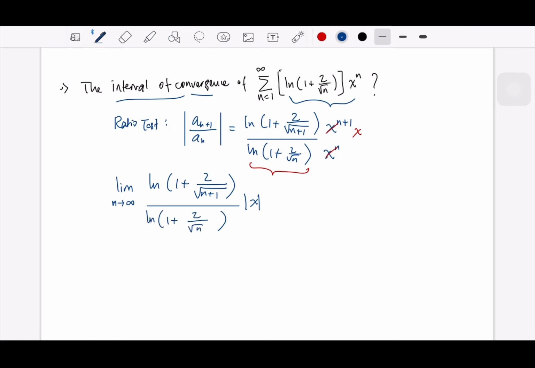Okay, now what we are going to do. If you check the limit, it turns out we have a 0 over 0 situation. And if this happens, then we use L'Hopital's rule. So we differentiate one part.